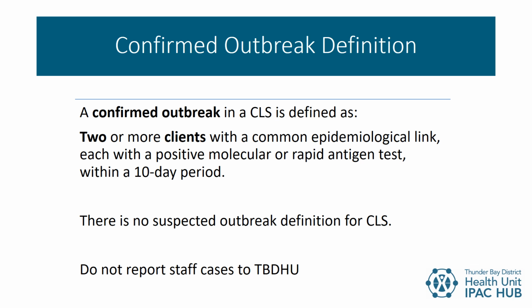It's important to note that with the new guidance, suspect outbreaks no longer exist for congregate living settings. It is also not required to report staff cases to Thunder Bay Health Unit. However, still important to monitor and assess the risk any staff cases have posed within your facility, and if there is a larger degree of spread or impact to the clients, again, facilities may still contact TBDHU for guidance.